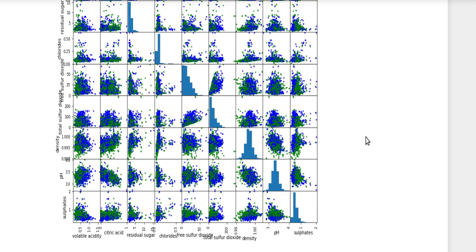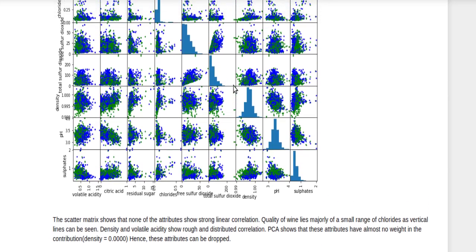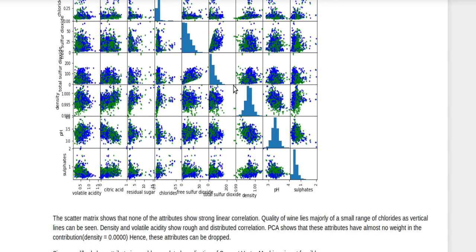From this scatter plot, we can see that none of the attributes is showing any linear correlation. Quality of wine lies majorly of a small range of chlorides, as vertical lines can be seen for chlorides. Density and volatile acidity show rough and distributed correlation.